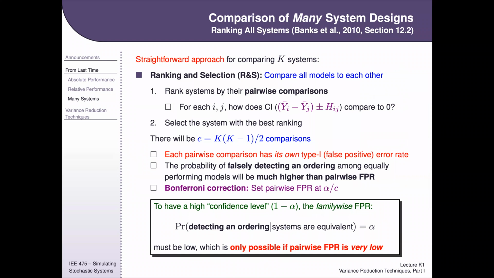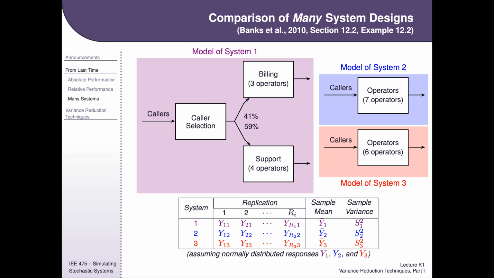And so this falls under the topic of ranking and selection approaches in statistics. The naive way to do ranking and selection is to compare all of the pairs together. I could do my 2 model comparisons that I was just talking about for every pair here. I could compare 1 to 2, 1 to 3, 2 to 3.